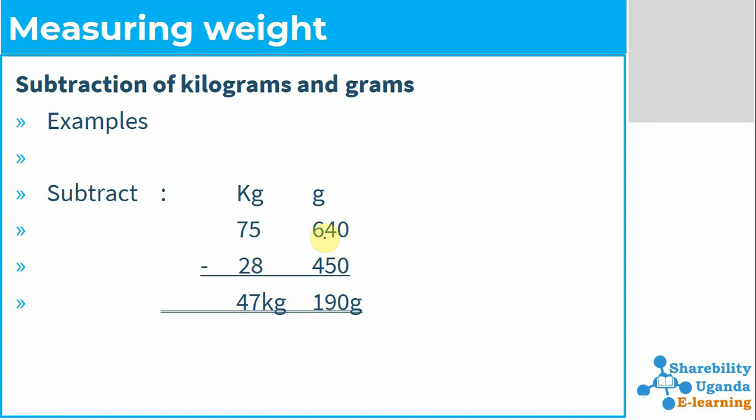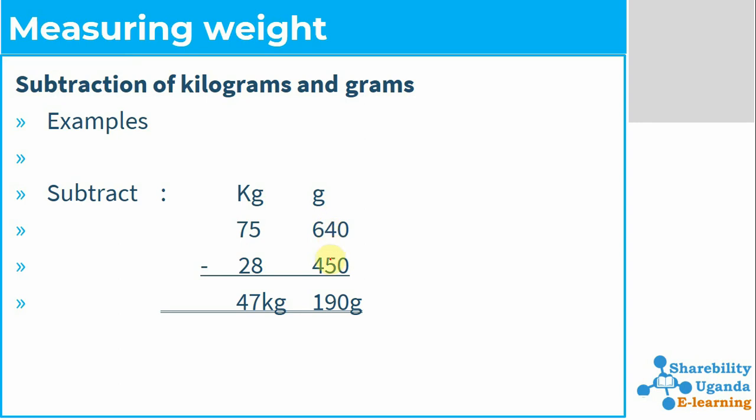Okay, but now when you look here, we have 640 minus 450. We start with 0 minus 0, we get a 0.